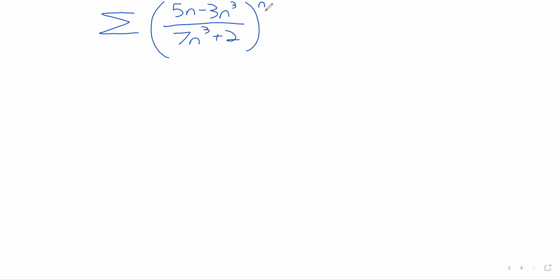Once again, it's really the power that's causing us trouble here. I mean, if it weren't for the power, we could use the limit comparison test, probably. Or really, if it weren't for the power, we could use the nth term test. We could say that this is not approaching 0.